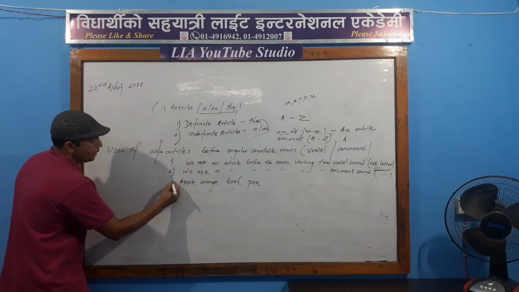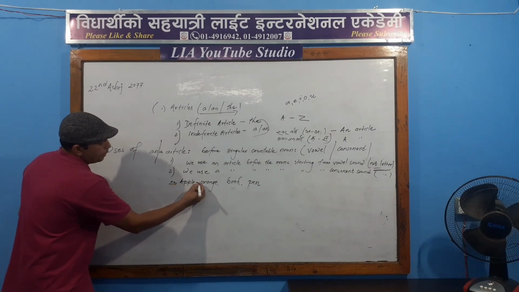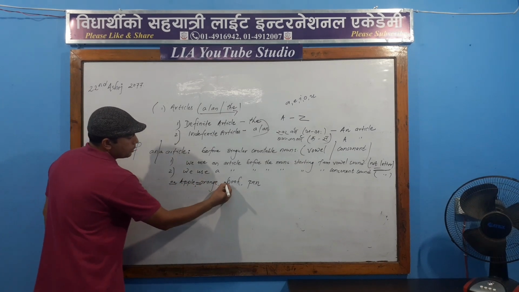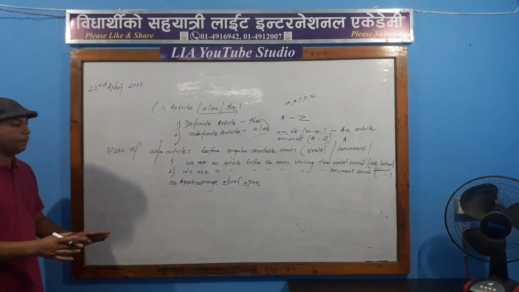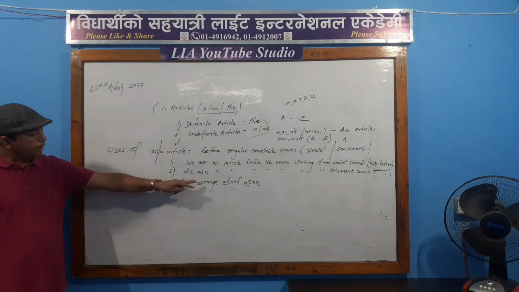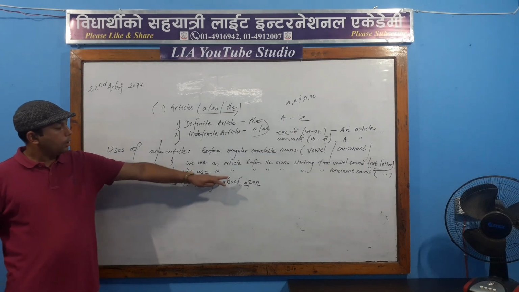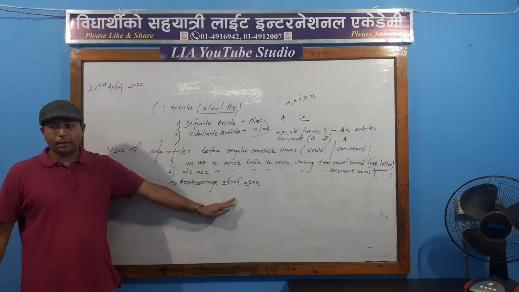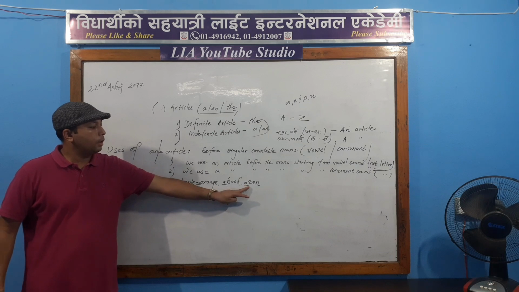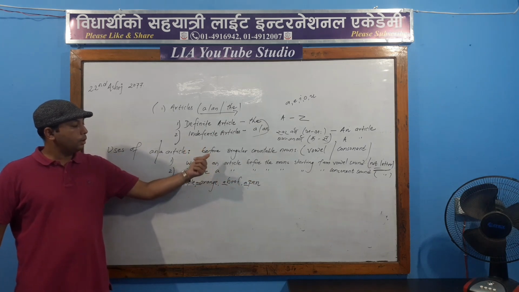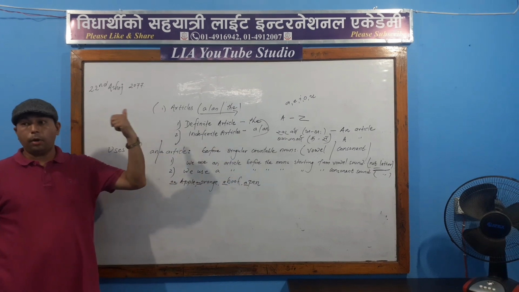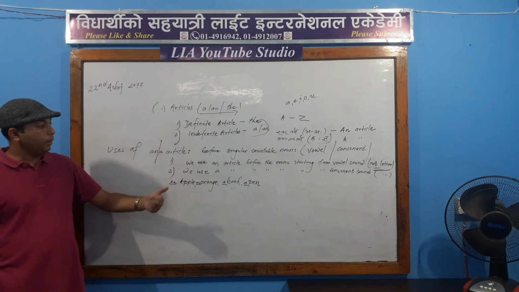We can just write an apple, an orange, a book, a pen. Simple, because here the letter also differs. P is a consonant letter, and the sound is also a consonant sound.